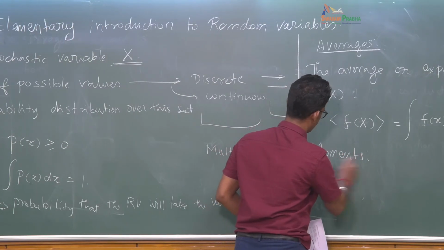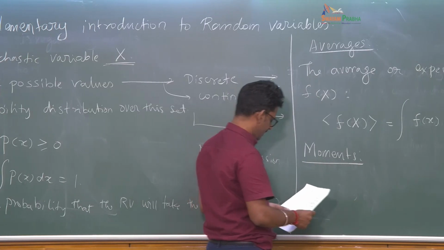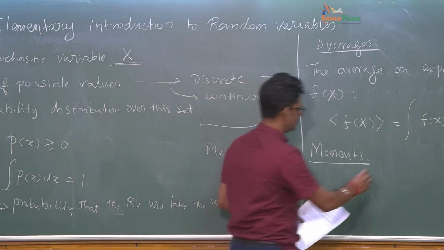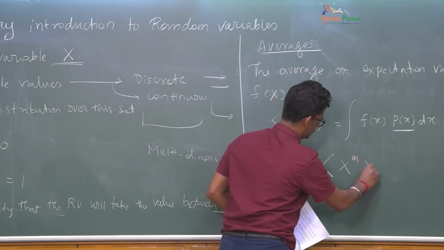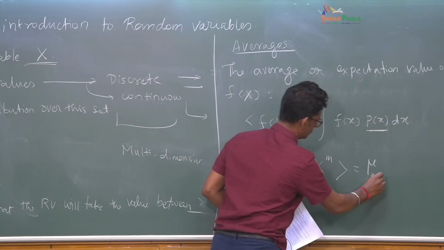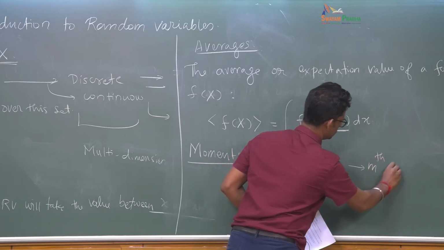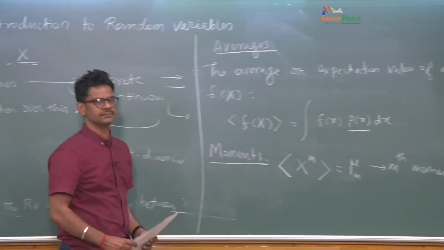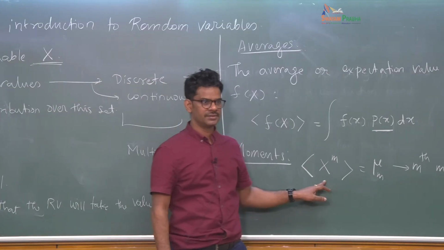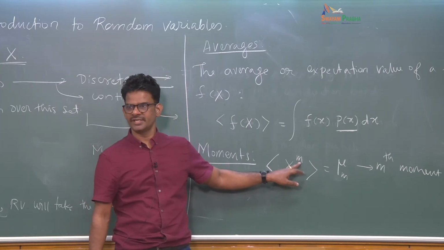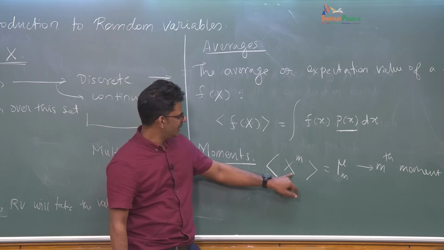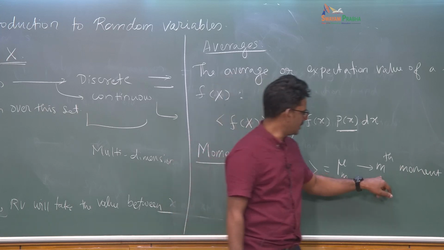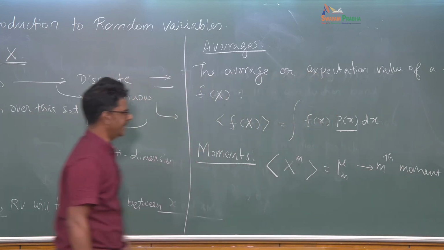We also define something called moments. These are expectation values of higher order powers. So this is called the mth moment of x, okay. So x is a random variable. When I raise this to power m, where m is an integer, it can be 0, 1, 2, 3, 4, all that, I denote this moment as mu m, and we call this the mth moment of x.